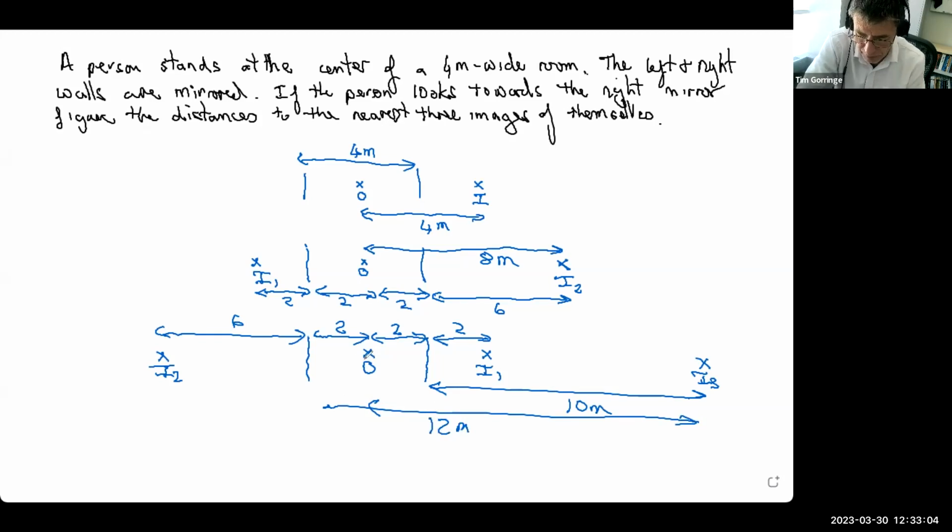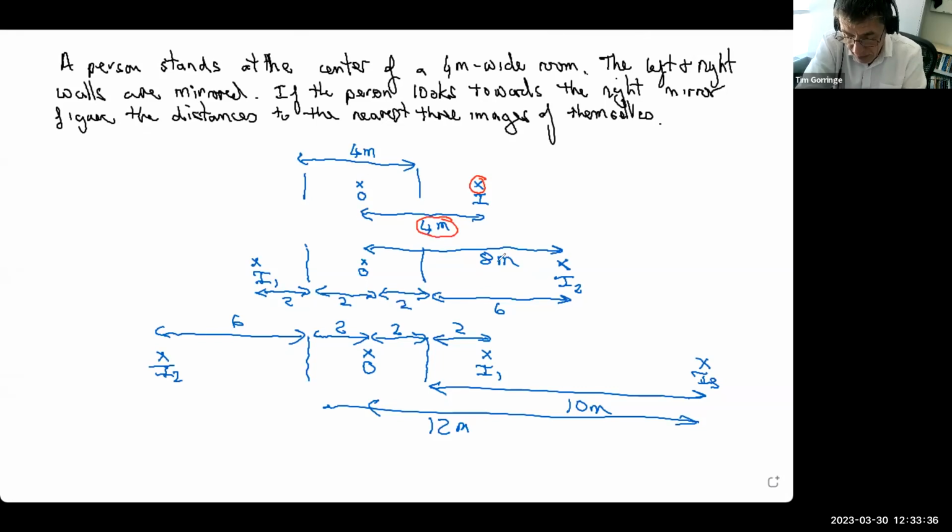So, to summarize all that, there's a lot of reflections, a lot of geometry, a lot of distances. The first and closest image in the right-hand mirror, so that's this guy here, was based on one reflection, and it's an image that's 4 meters away from the object.